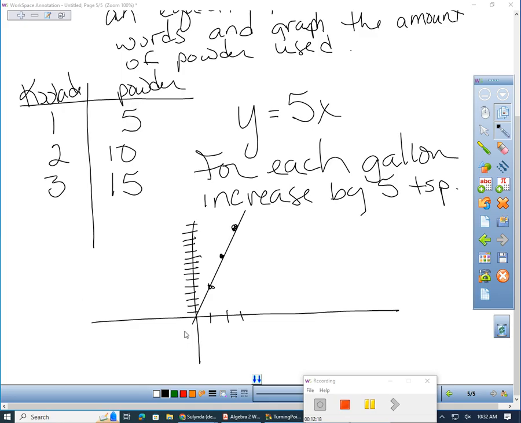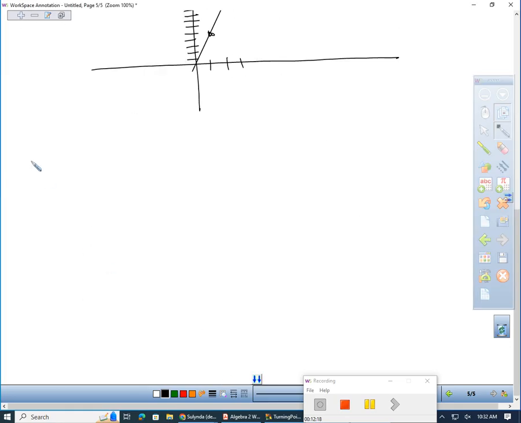Now, mind you, my drawings aren't beautiful. I try, but they're not. So, question number 16 gives you 2 gears that are working together. Gear A, and I'm not going to draw the whole thing, but I just want to give you kind of what's happening here.